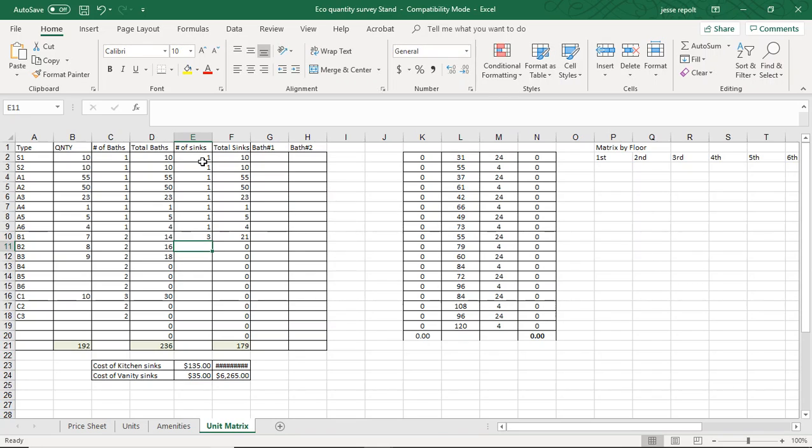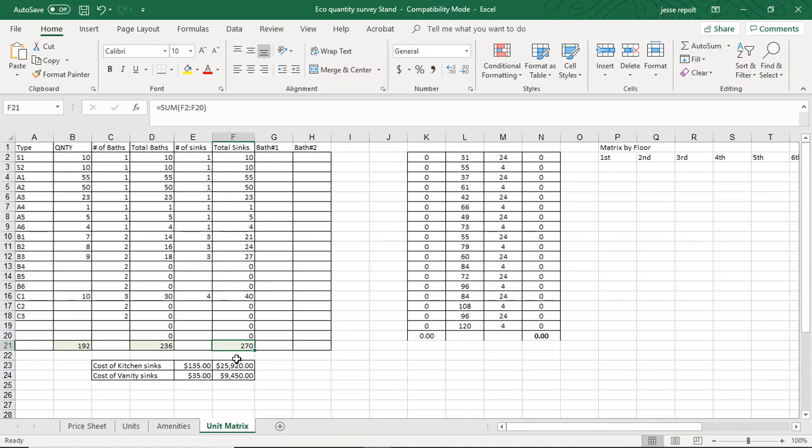So you would just put in 3 here, and say this one has a powder bathroom, so it would have 2 vanities that only have 1 sink, and then the master bath has 2 sinks, so that would be a total of 4 sinks. So that automatically gives us 270 sinks, and it even totals it up for you.